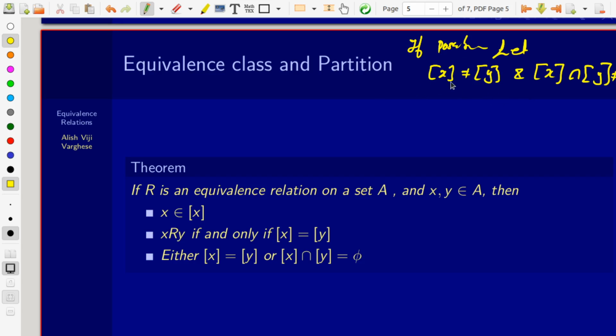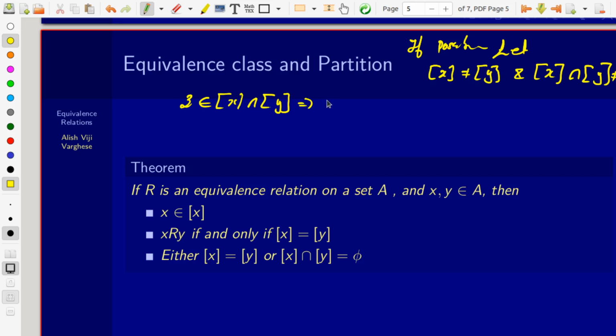Here we assume, if possible, that the equivalence class of x is not equal to the equivalence class of y, and the equivalence class of x intersection the equivalence class of y is not equal to the null set. That means there is an element in the intersection of these two equivalence classes. Let that element be z. So z belongs to the equivalence class of x intersection the equivalence class of y.